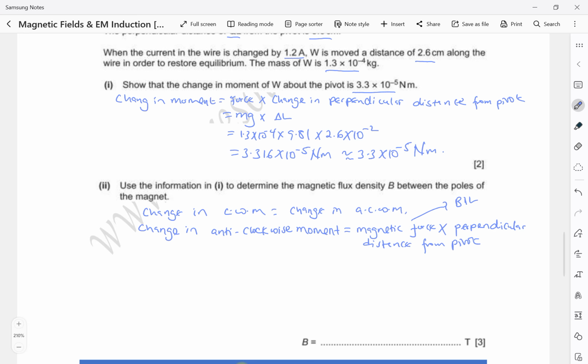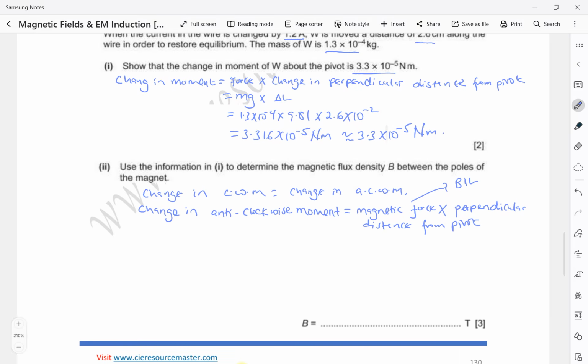Okay. So the magnetic force which causes a moment acts on QL, whose length was 0.85 centimeters.